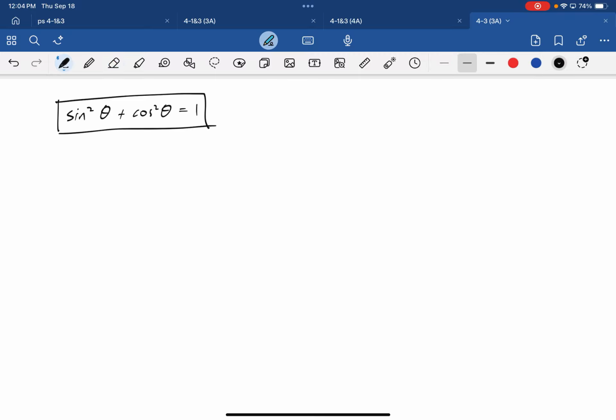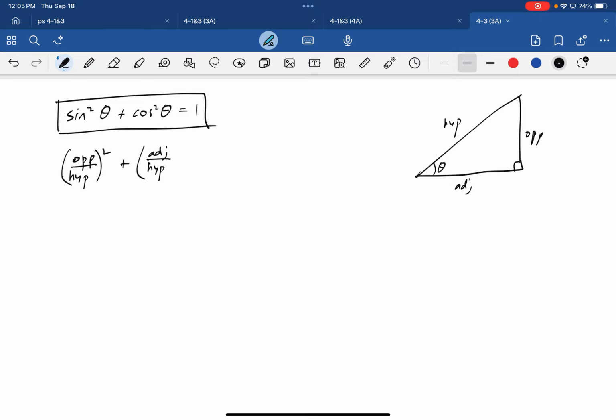And the reason that this is called the Pythagorean identity is because this is very easily reducible to the Pythagorean theorem. Okay? So if we have our triangle, theta here, adjacent, opposite, and hypotenuse, then what is sine squared theta? That's just going to be opposite over hypotenuse squared plus, and then cosine is adjacent over hypotenuse squared, equals 1.